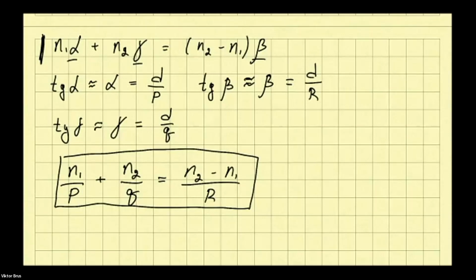We assume that our mediums are transparent, so they don't absorb light, but they possess different refractive indexes. And also the initial position of the object with respect to this interface between two mediums.